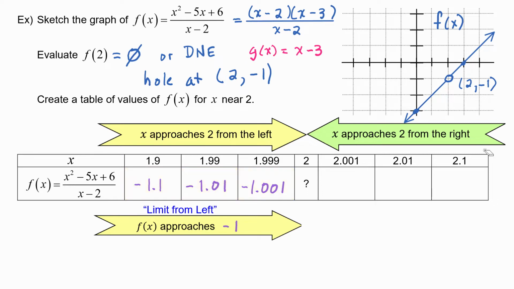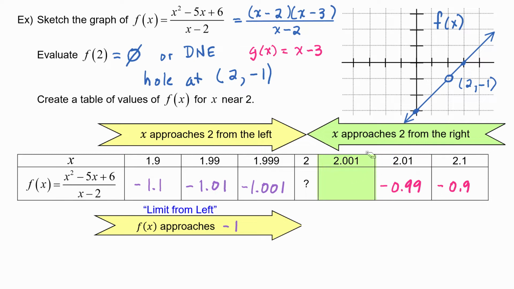Now, coming in from the right-hand side of 2, at 2.1, you should have gotten negative 0.9. Getting a little closer, 2.01, we get negative 0.99.